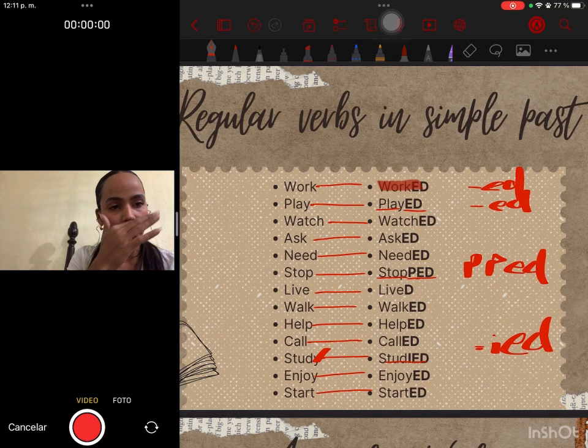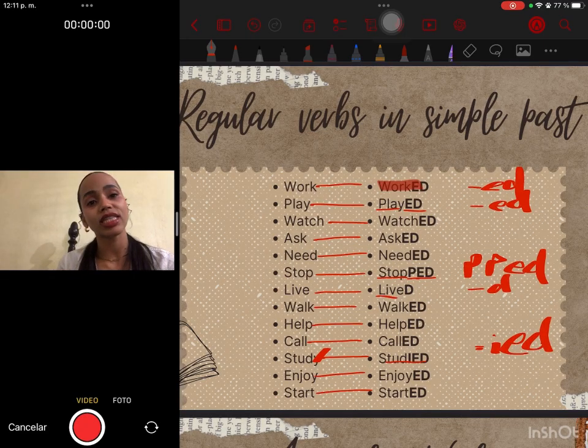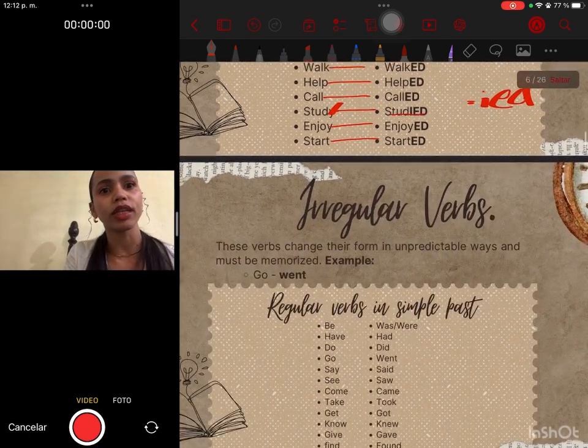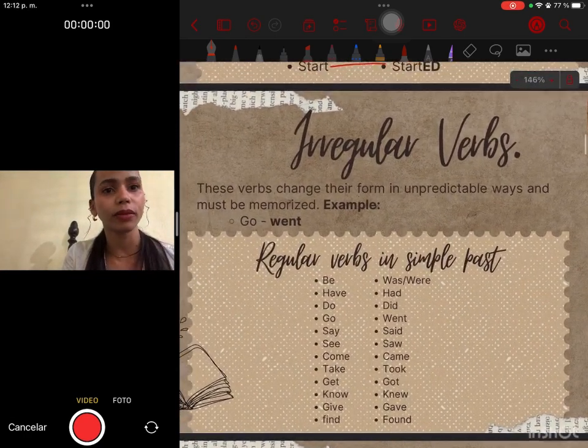And the last example is leave. Just add d, because leave is a verb ending in a vowel in the last letter.